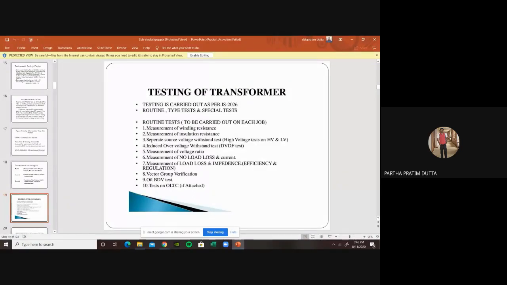Test on OLTC we usually don't do. Previously, we didn't have the OLTC arrangement in our power transformers, especially in 33 by 11 kV substations. But right now we are procuring transformers with OLTC arrangement because it has several advantages, for 6.3 MVA and 10 MVA obviously.